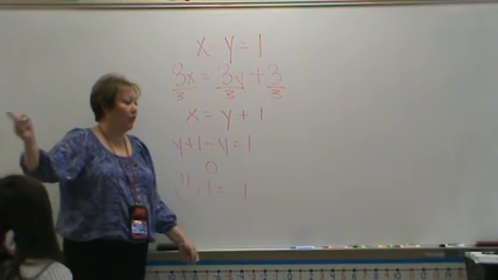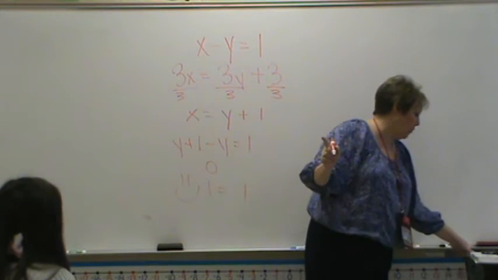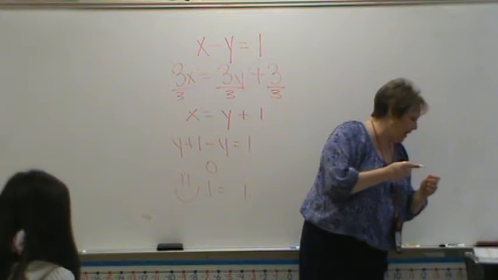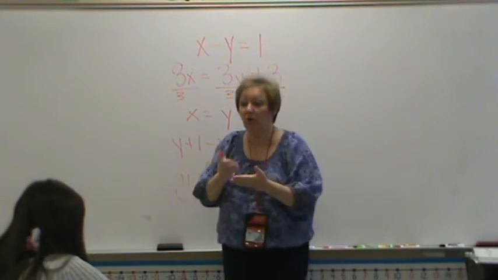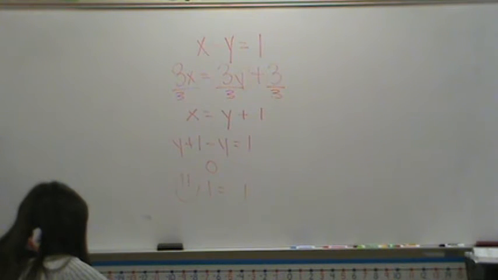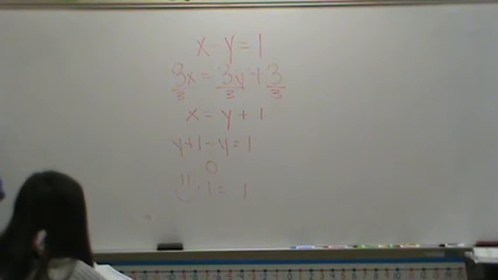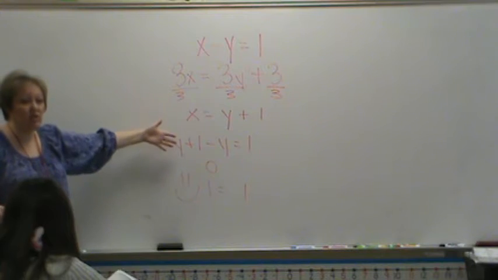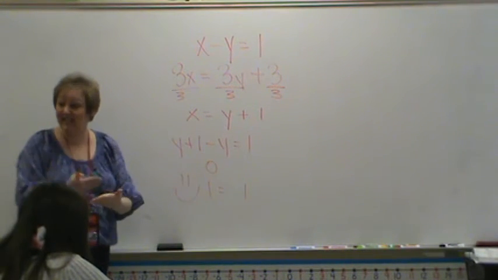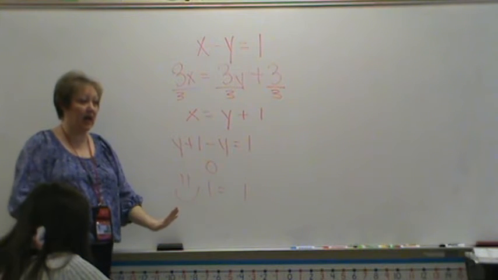Guess what? Now, if you still got your book out, I want you to go back to that page I referenced a minute ago, page 335, and look at that middle graph. This solution, if I graphed these two equations, would have the exact same line.